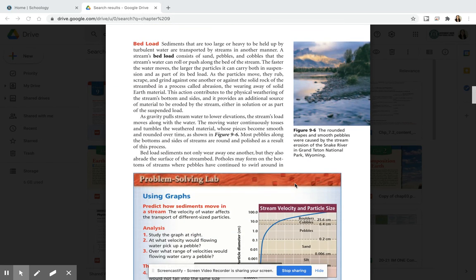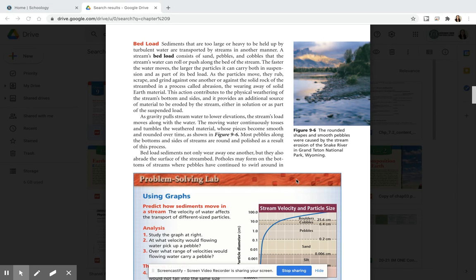Bed load. Sediments that are too large or heavy to be held up by turbulent water are transported by streams in another way. A stream's bed load consists of sand, pebbles, and cobbles that the stream's water can roll or push along the bed of the stream. The faster the water moves, the larger the particles it can carry, both in suspension and as part of its bed load.